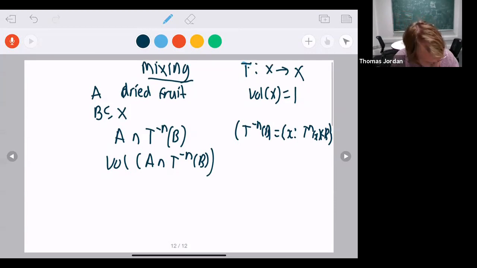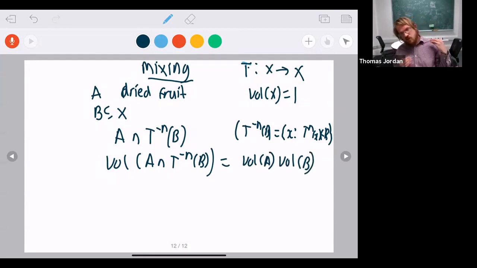So that should be the volume of A, which is the proportion of dried fruit to start with, multiplied by the volume of B. This is what we'd want to happen for it to be evenly distributed.